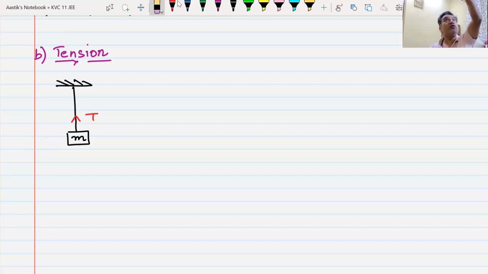The string is also pulling the ceiling. What is the force applied by string on the ceiling? In which direction? It is also attached to the ceiling there. It is also trying to apply a force on the ceiling. In what direction is it applying the force on the ceiling on which it is attached?